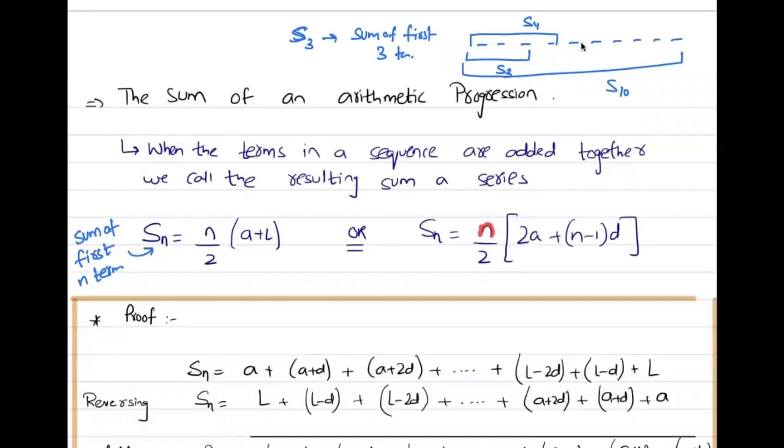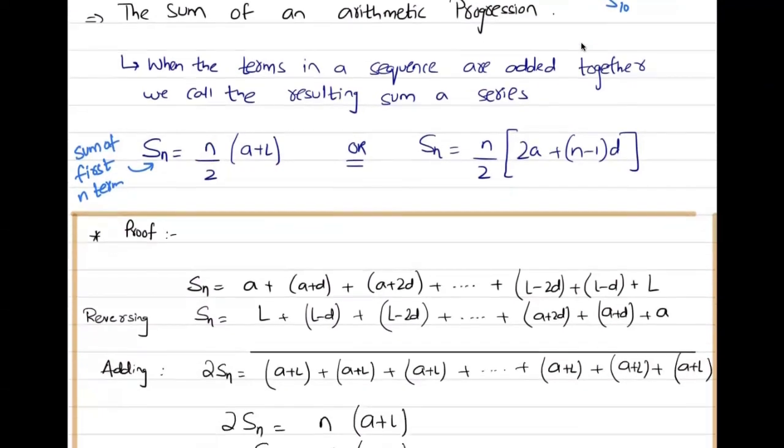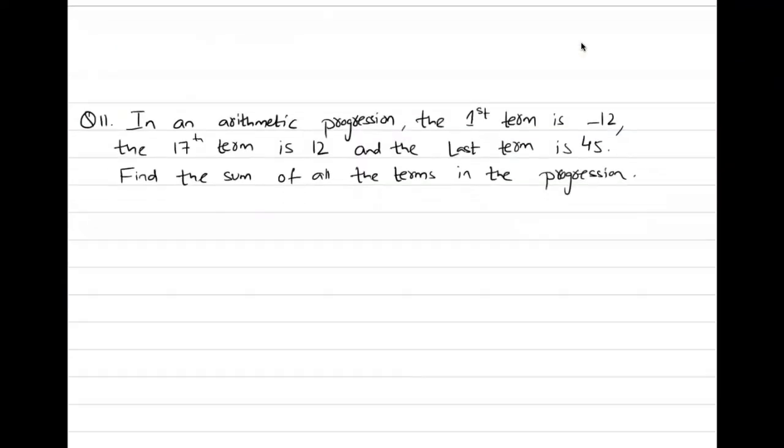The other formula is n upon 2 times 2A plus n minus 1 times D. So these are the two formulas that you need to know and make use of. The second formula is the most common because it is expressed in terms of A and D, the first term and the common difference. If you know the first term and the last term, then you can also use n upon 2 times A plus L. This is going to give you the sum of the first n terms.